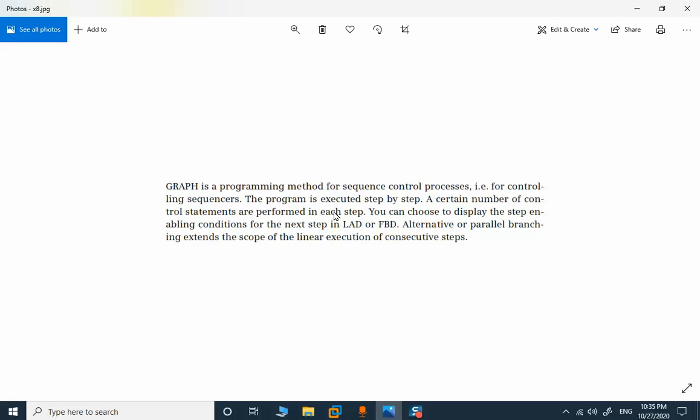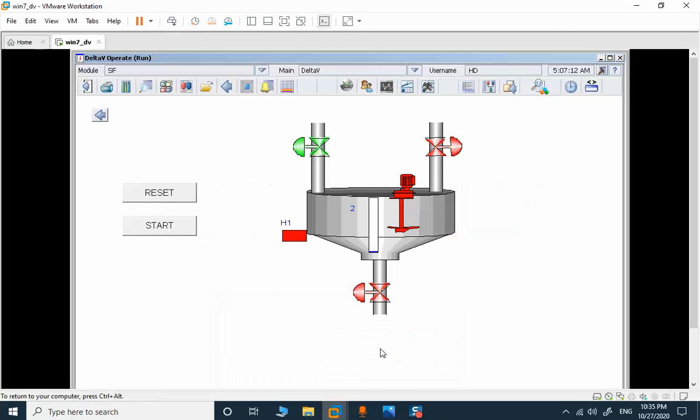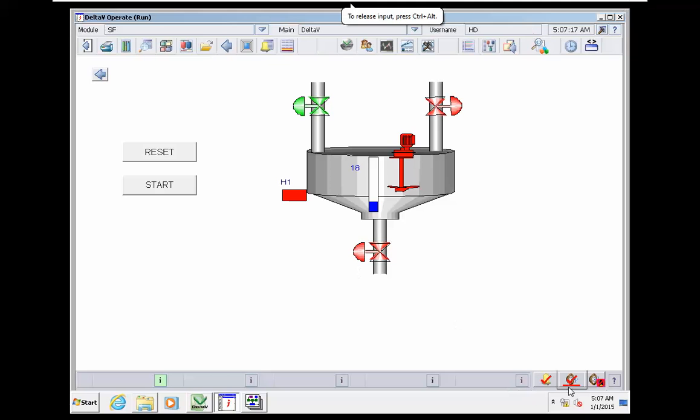So for Graph, I will show you this example. Here I have the DeltaV. It's not Graph, it's SFC, but it's similar to Graph. We have a process here that is controlled by a sequence. The first liquid is coming from here, the next liquid here.